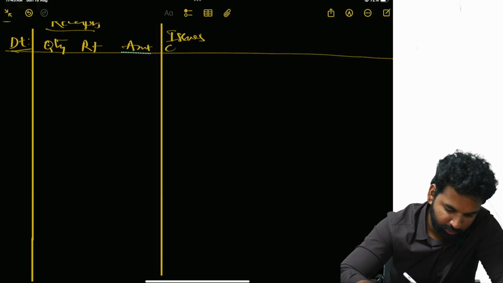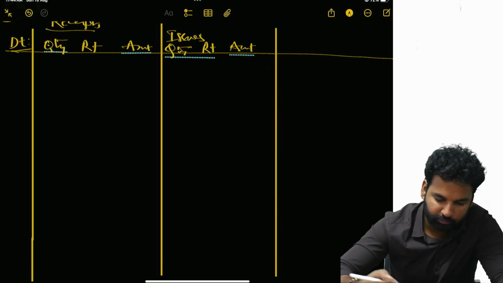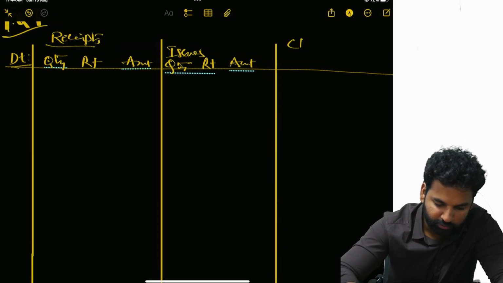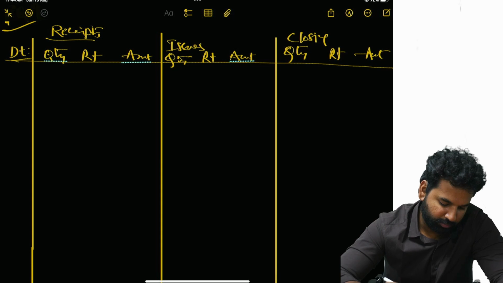Issues: quantity, rate, amount. Closing: quantity, rate.